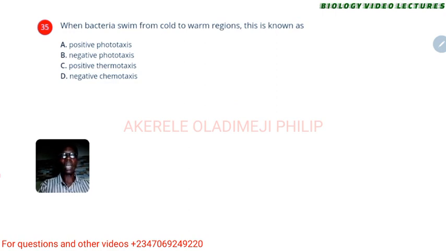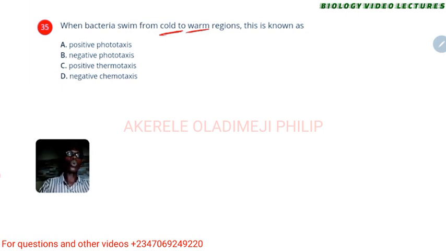Now, when bacteria swim from cold to warm regions, this is known as what? Movement of animals, to start with, is called taxism or taxis. So what we are interested in will be all the taxis, which all of them are. Now, warm or cold is referred to as temperature, really.